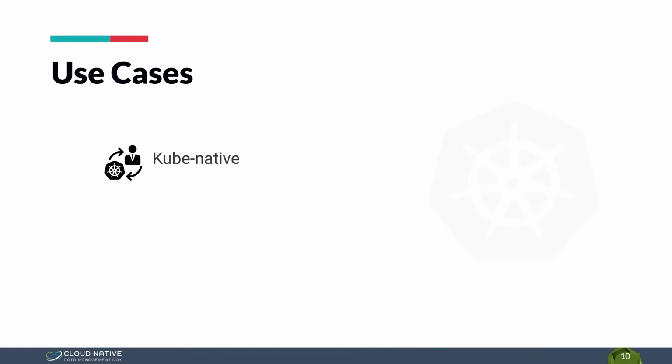So the first use case that I've mentioned here is kube nativity. If you notice in Kubernetes, pretty much every cloud provider specific resource or I would say infrastructure resource such as load balancers, nodes, block devices, just as few examples, are abstracted by Kubernetes.